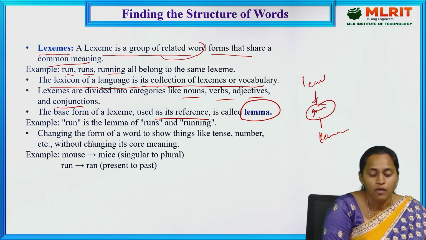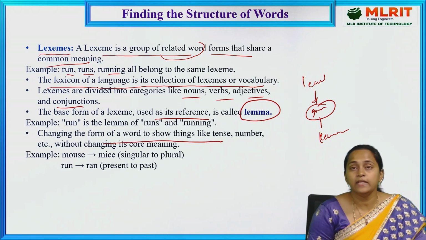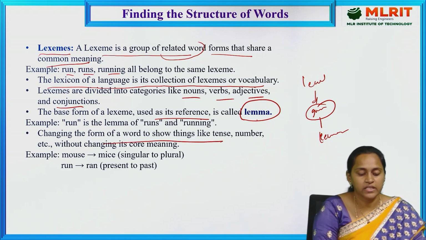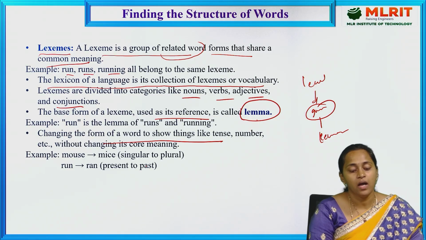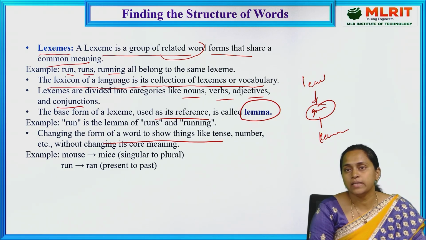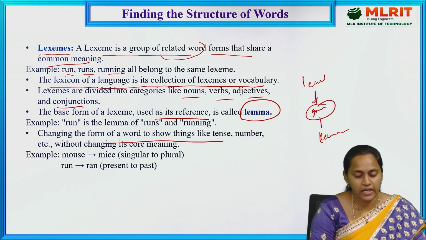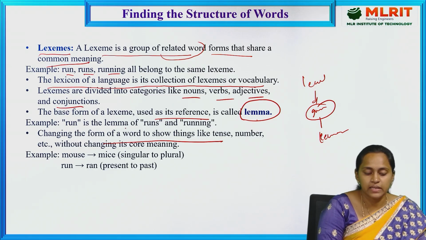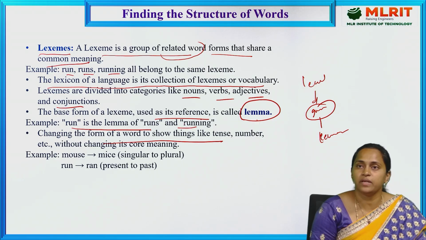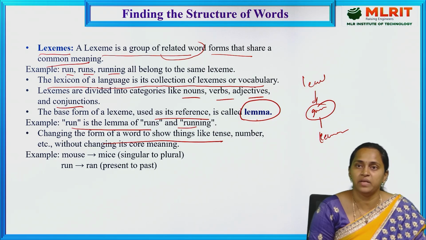Changing the form of a word to show things like tense or number without changing its core meaning. What is the meaning of lemma? Lemma means it will not change the meaning. It will only change the tense of that particular word. Here, run is the lemma of runs and running. Run, runs and running have the same meaning, right?